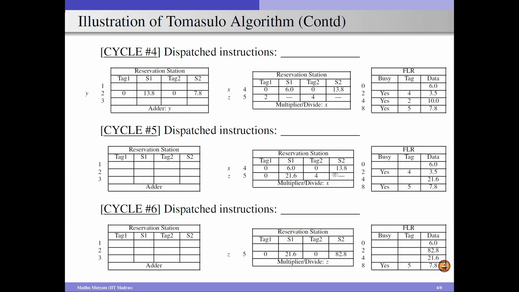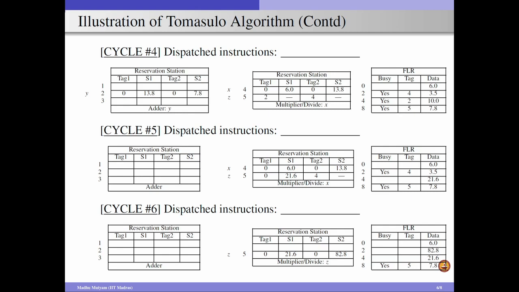So we know that the second operand of instruction Z is waiting for this multiply operation to be completed. So we forward that value 82.8 to this, as well as the second register in our register file, which is waiting for this value to be available. So we update the register file also for R2.